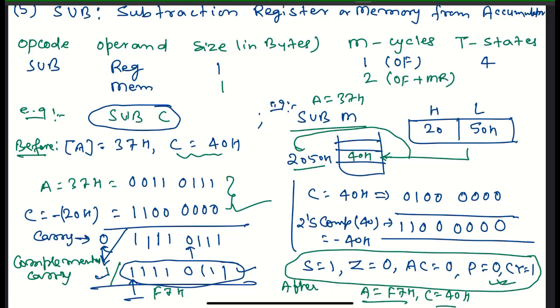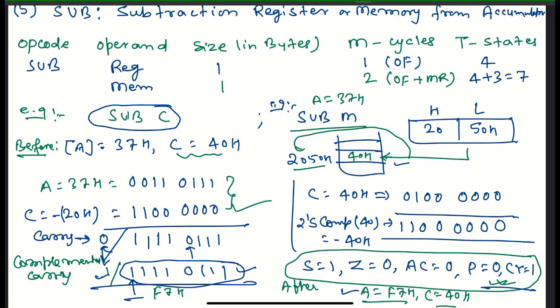As I told, after performing the subtraction operation, the result will be stored into the accumulator itself, this memory location content is not going to change, and the flags will be affected in this fashion. Here by default it is 4 plus 3, 4 for the opcode fetch and 3 for the memory read, so it will take a total of 7 T states.